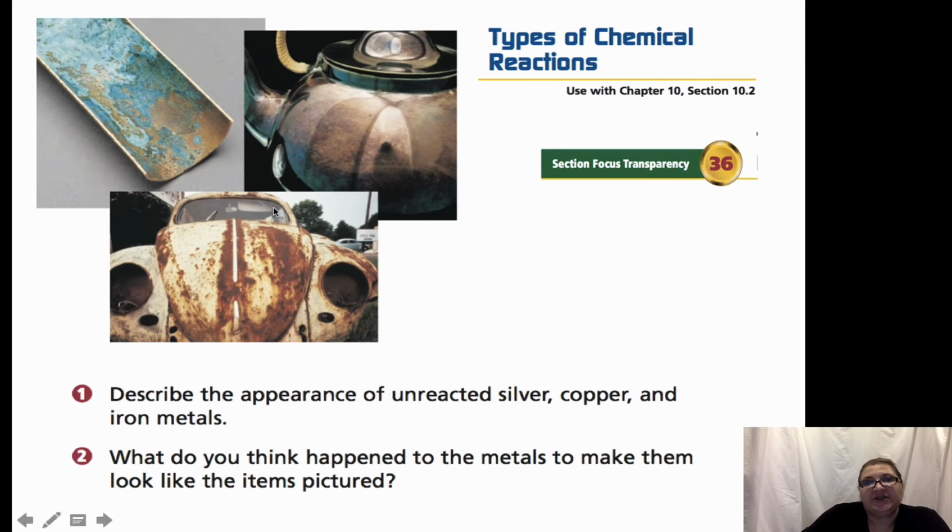You have three pictures. I think this is just copper, and this is silver, tarnished a little bit, and this is copper after it's rusted or tarnished, and this is just an old car, rusted also.